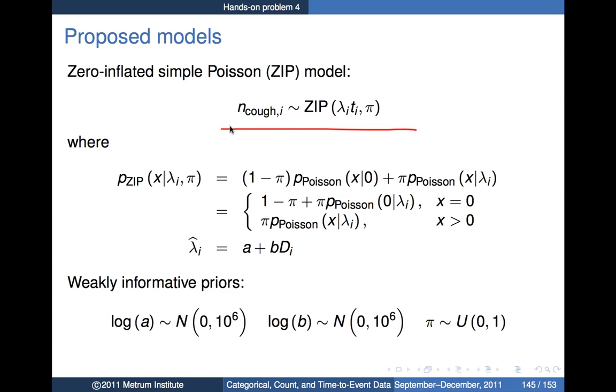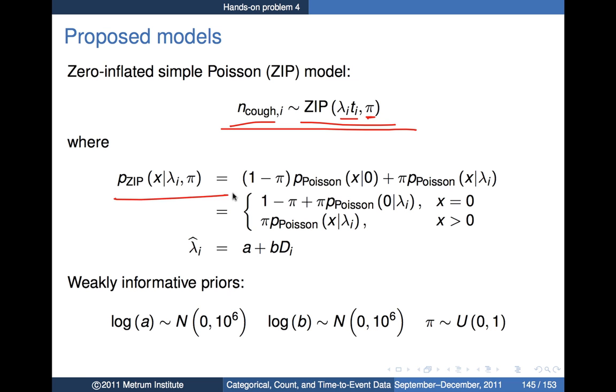I'm saying that our n cough, our number of coughs, is going to be distributed according to our ZIP model, where we've got one set of parameters, lambda i t i, and then this probability pi, which, the way I wrote this, is the probability of it being part of the standard Poisson.